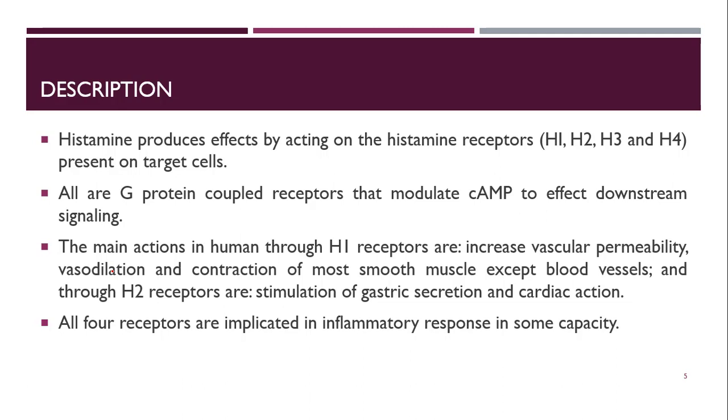Histamine produces effects by acting on the histamine receptors, that is H1, H2, H3, H4, which are present on the target cells. All of these receptors are G protein coupled receptors, and they modulate cAMP, that is cyclic adenosine monophosphate, to affect downstream signaling. The main actions in humans through H1 receptors are increased vascular permeability, vasodilation, and contraction of most smooth muscle except blood vessels.